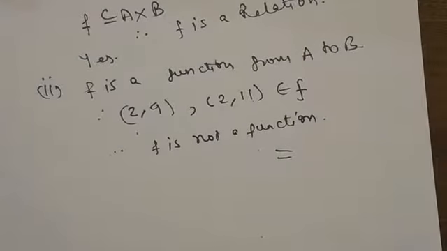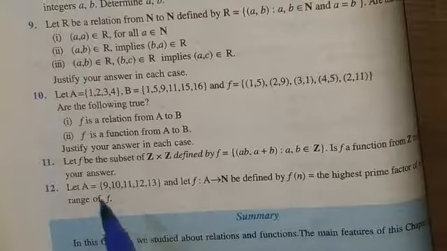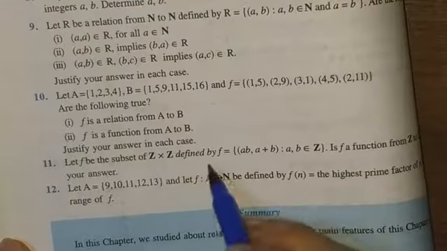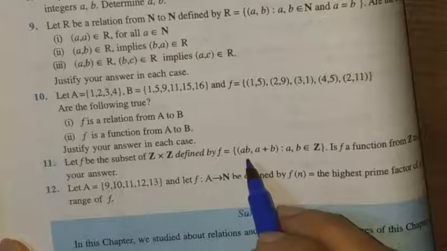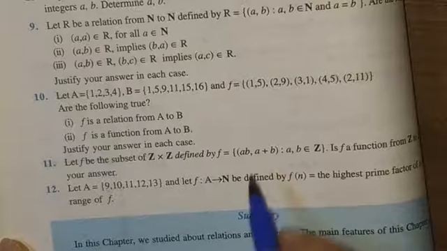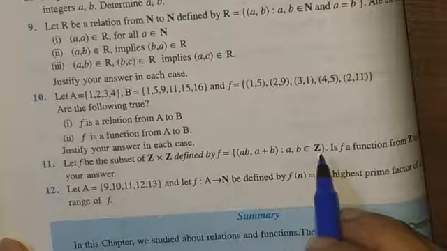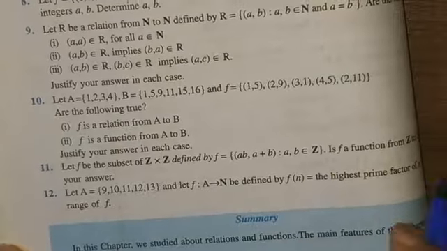Now let us go to problem number 11. Problem number 11 says, let F be the subset of Z cross Z defined by F equal to the set of (ab, a plus b) such that a, b belong to the set of integers.